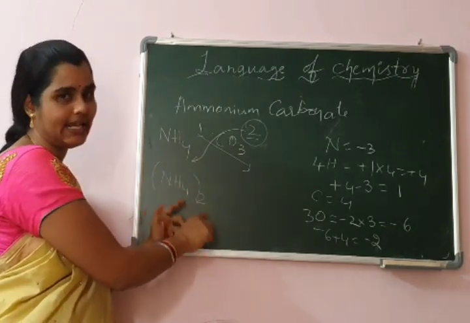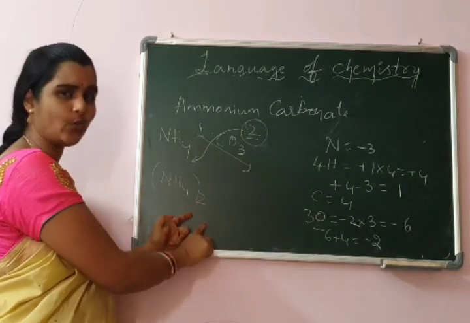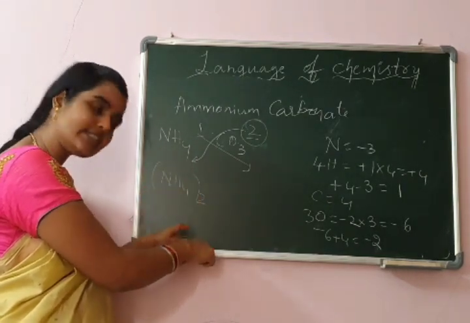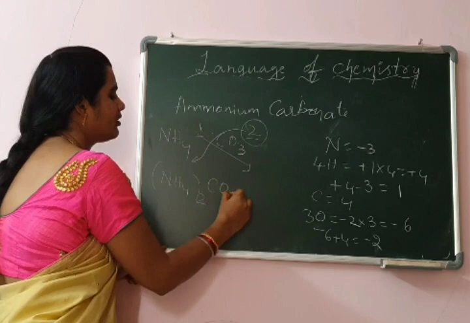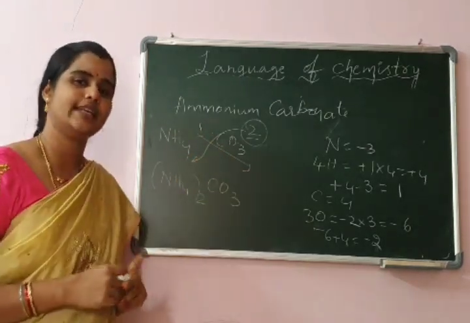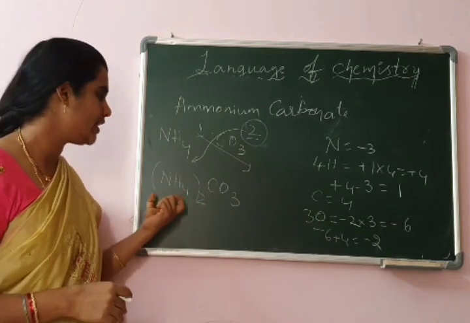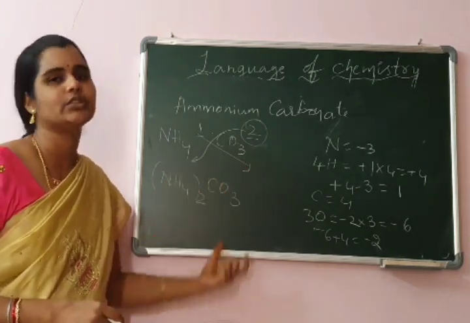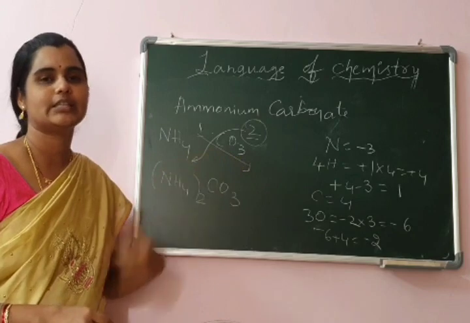That can be represented like this. So NH4 taken twice, CO3 1. So you can write it as CO3. So what is the formula for ammonium carbonate? (NH4)2CO3.